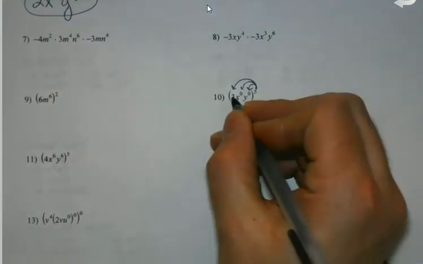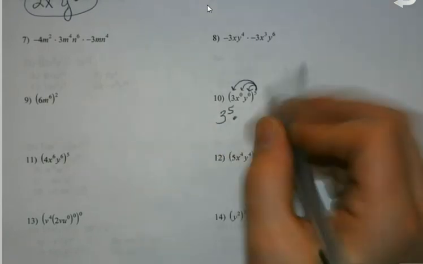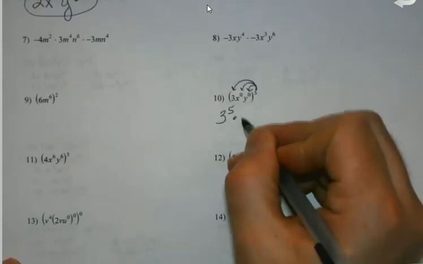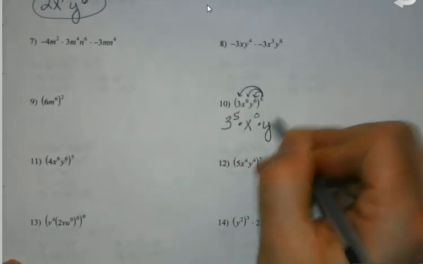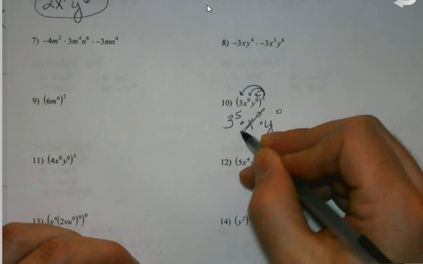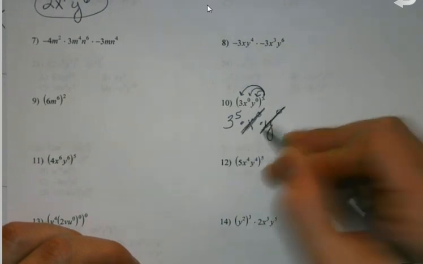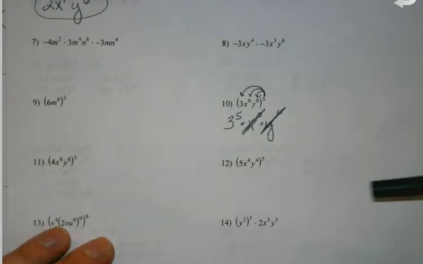Well, 3 to the 5th, and then 0 times 5 is 0, and 0 times 5 is also 0 on my y. Well, we just got done saying if it's to the 0 power, basically it disappears because it's just 1. So my x and my y is basically gone. And all I need to know is what 3 to the 5th power is going to be.